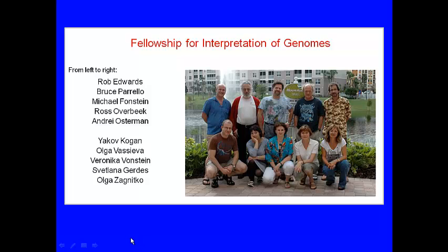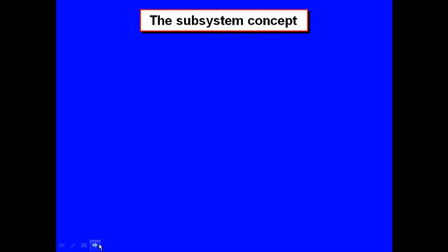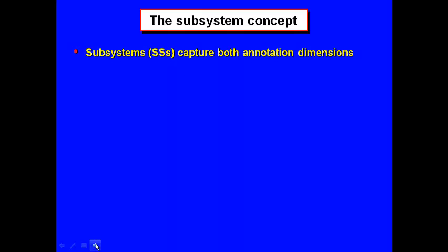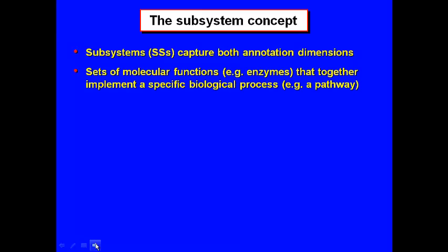The subsystem concept that he implemented, subsystems in the SEED, capture both these annotation dimensions, the context and the molecular function. And they are just sets of molecular functions, like enzymes or transporters, that together implement a specific biological process like a pathway.